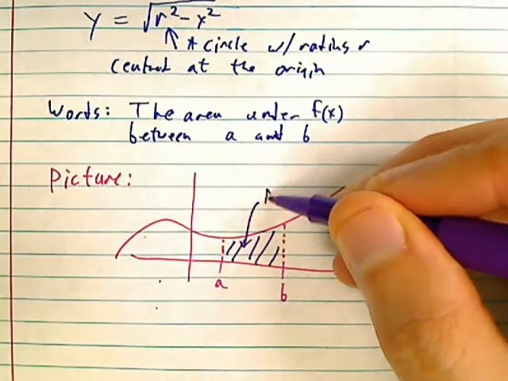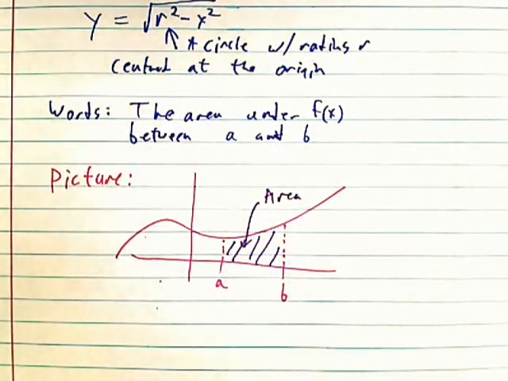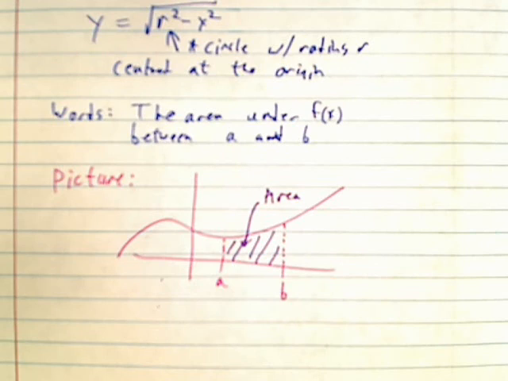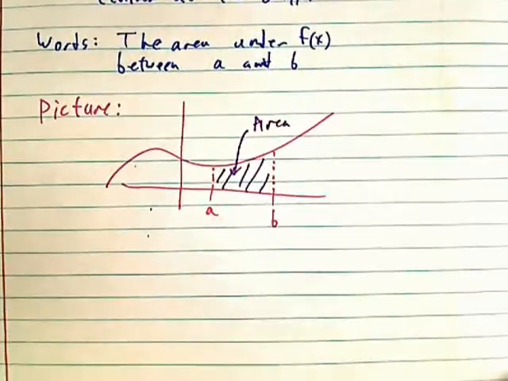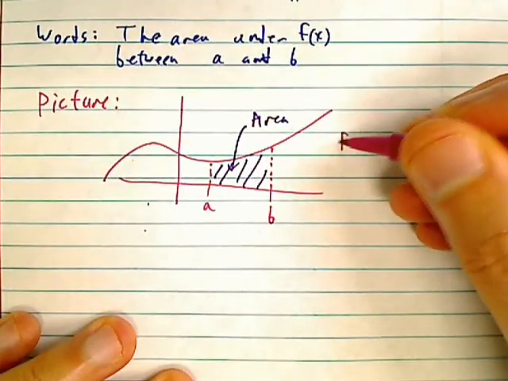So these words and that picture mean the same thing. Let's try to fix that focus a little bit. There we go. That looks a little bit better. So that's the area under f of x between a and b. Let's say that this is f of x.